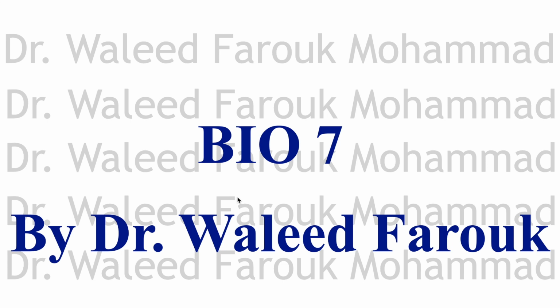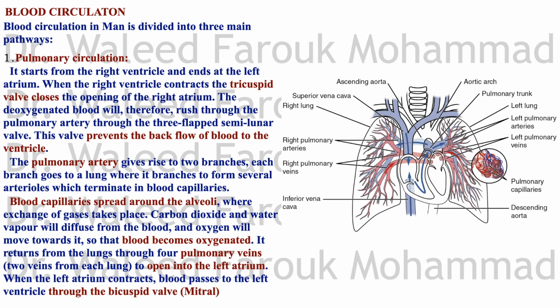Today's lecture will continue our discussion of transport in human beings. So let's begin. Last time we learned that circulation in the body is via two routes, blood and lymph.